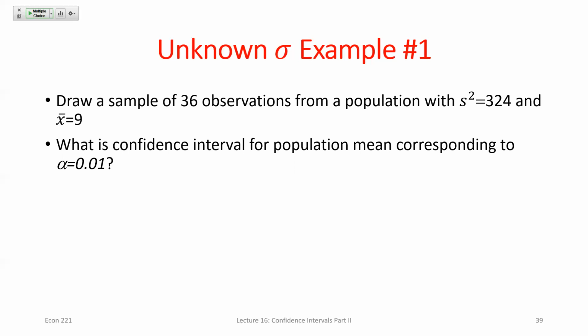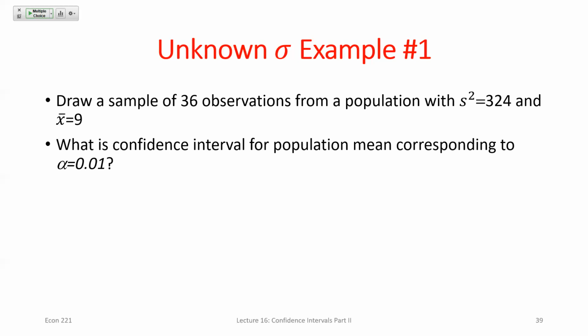So if alpha is 0.01, really what I'm looking for is what would the t value be? The t values, one negative, one positive, that give me a total of alpha in those tails, or alpha over 2 in each tail, or 0.01 over 2, so 0.005.